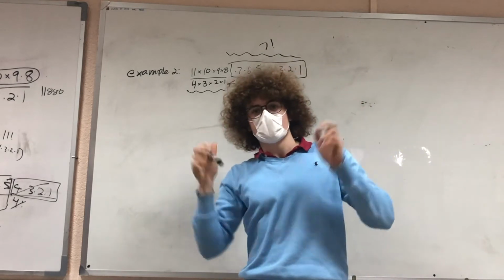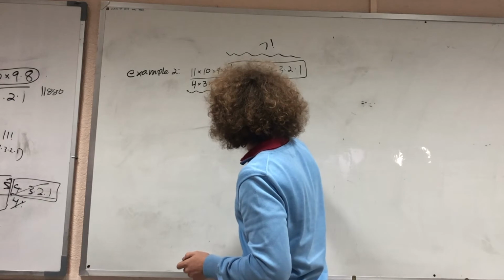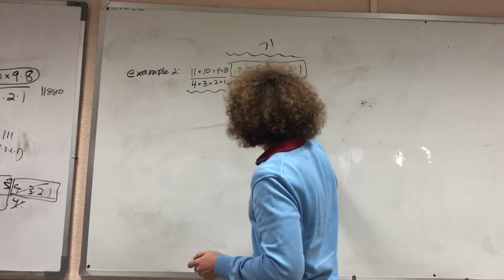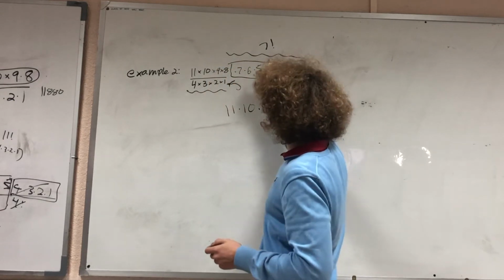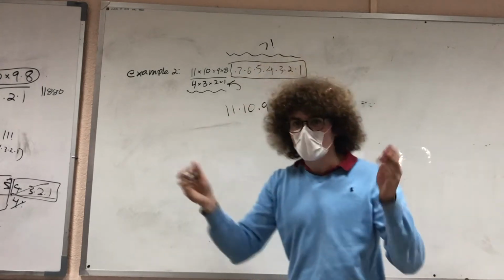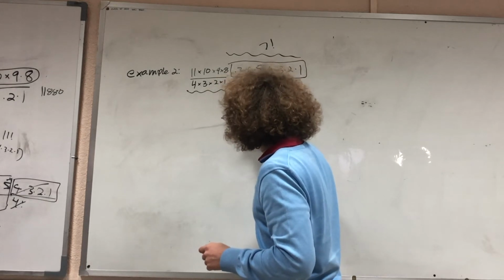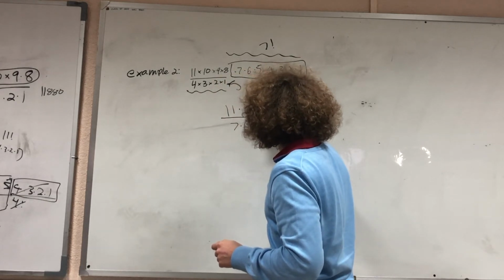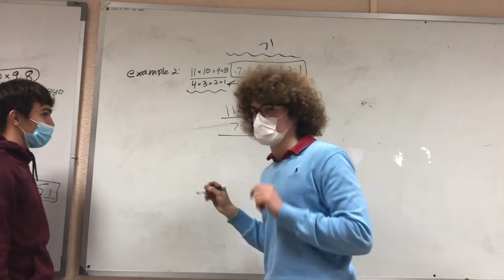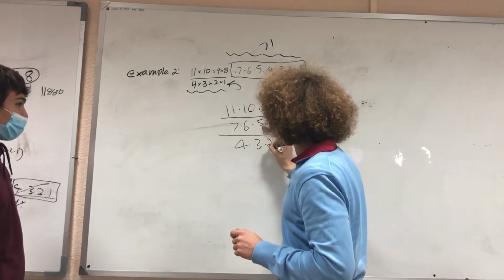What does this missing 7 factorial actually mean? Well, 11 times 10 times 9 times 8 means that we want to get rid of this because in the actual question it doesn't exist. So how do you get rid of it? You divide. So this means 7 times 6 times 5 times 4 times 3 times 2 times 1 as well, and then this is over 4 times 3 times 2 times 1.